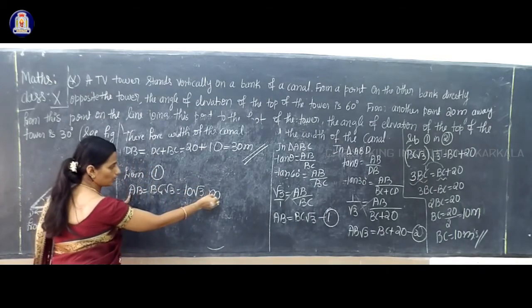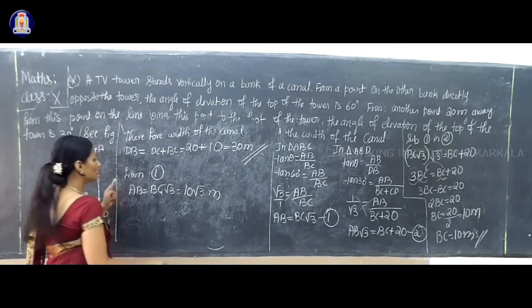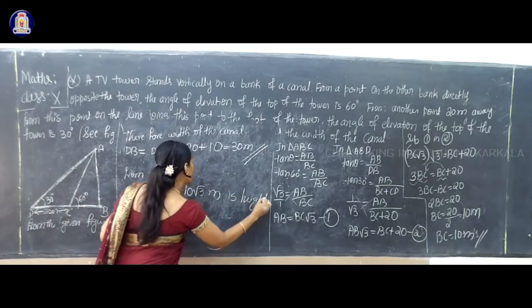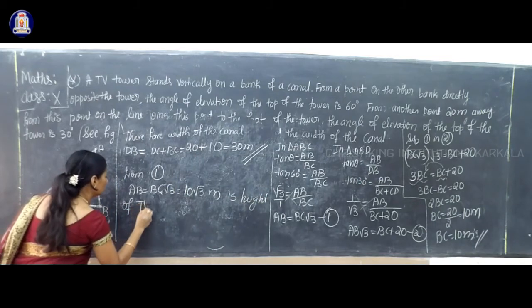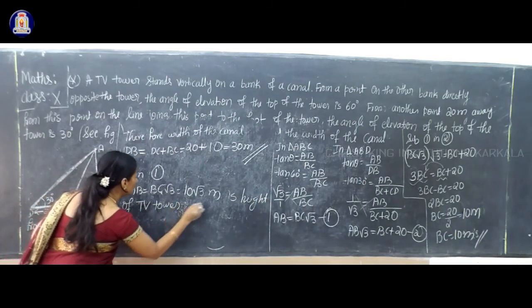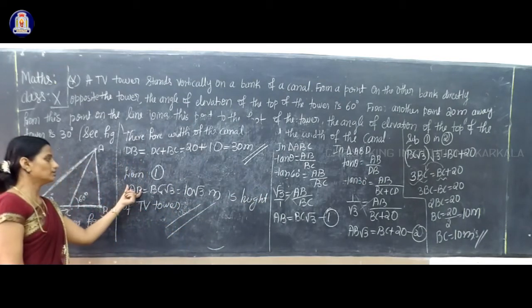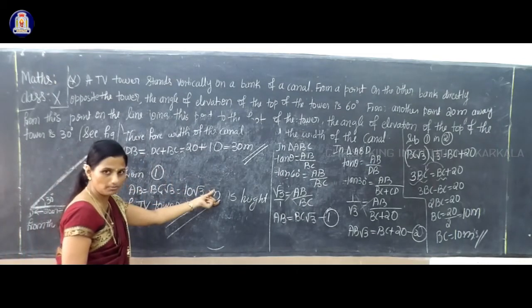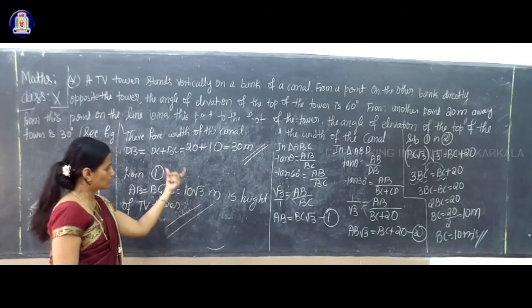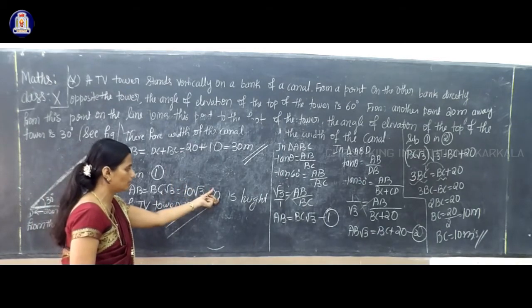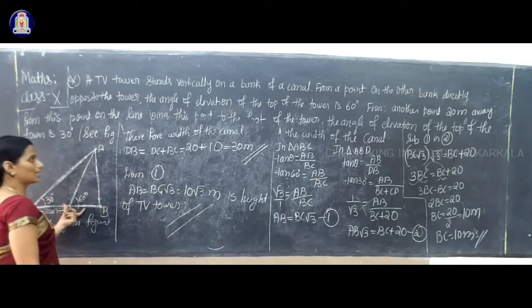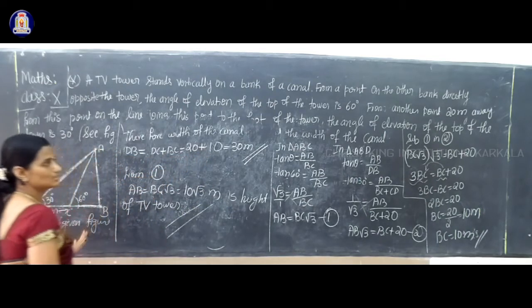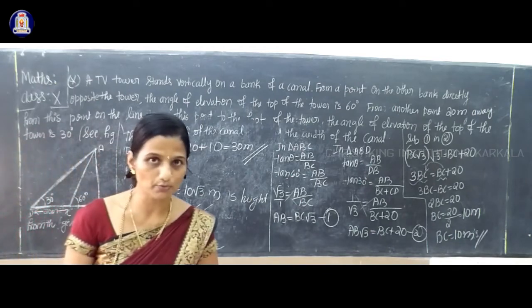AB is the height of the TV tower. Here we can't rationalize, so this is your final answer, 10 root 3 meter. And the width of the canal is 30 meter. This is important for 5 marks or 4 marks.